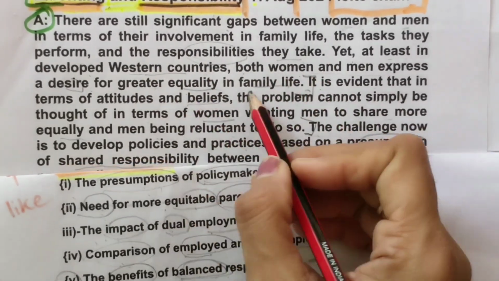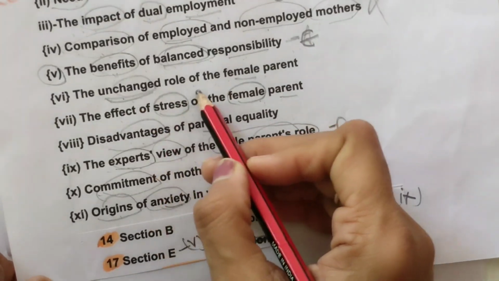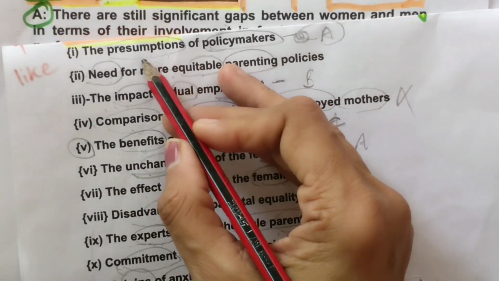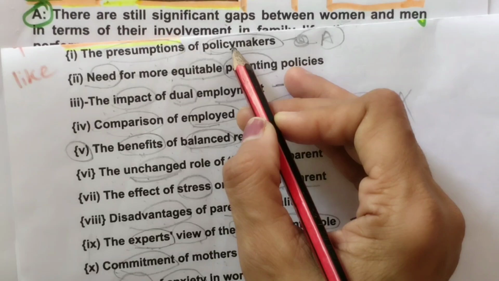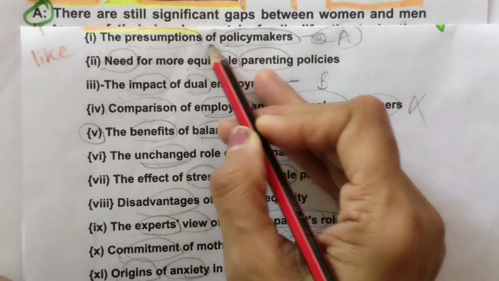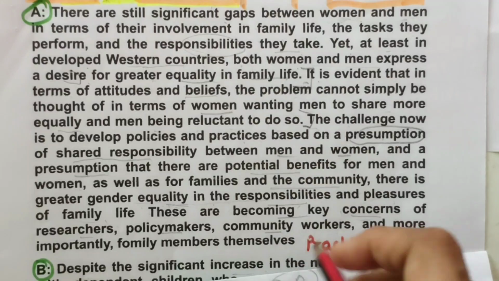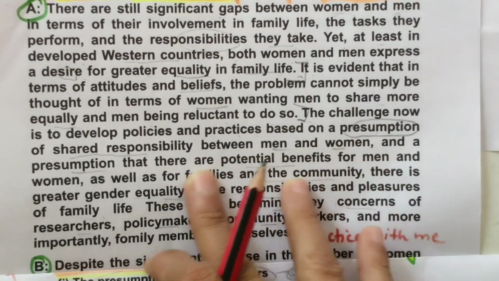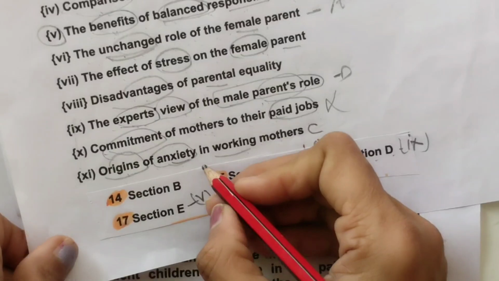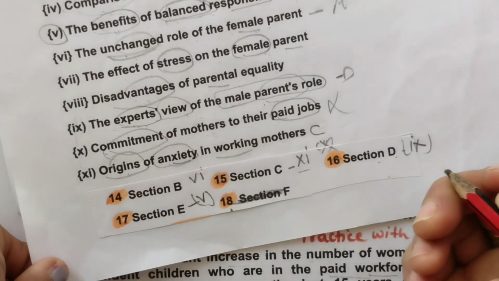So here unchanged role of female parent will come. Initially I was confused with presumption, because there were two options I had selected, because this is not exactly talked about in this paragraph. I have read it twice. That's why, with A paragraph, it is 6 number option.